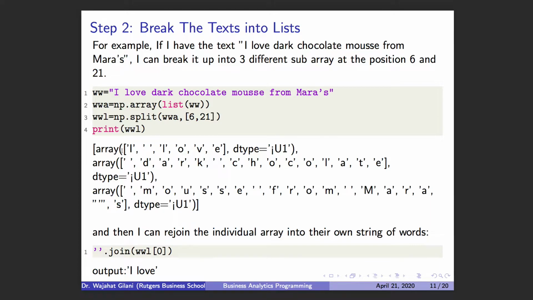It basically says, okay, you're going to join every item in this NumPy array. Remember, WWL is a list, right? So you're going to join every item in the first value in the list WWL, which again is a NumPy array. So I take this.